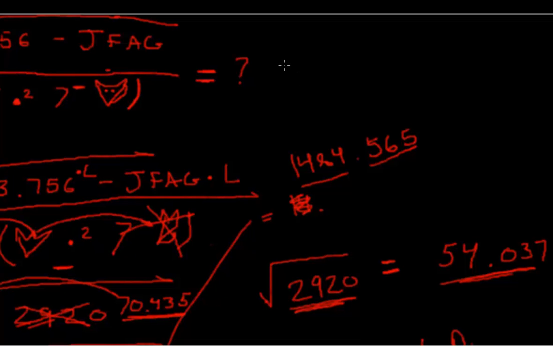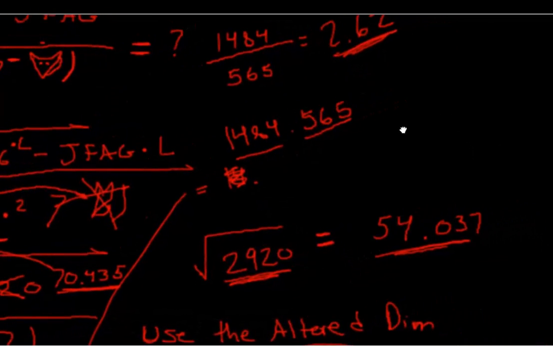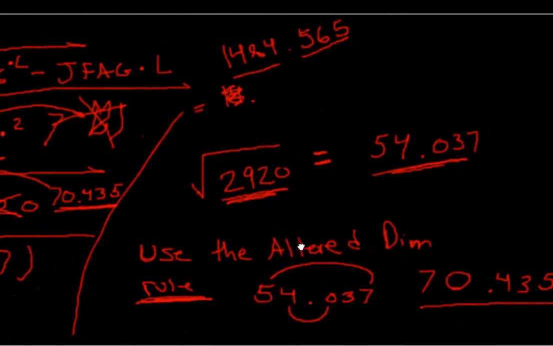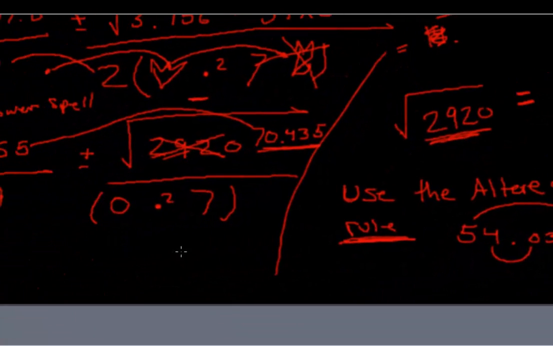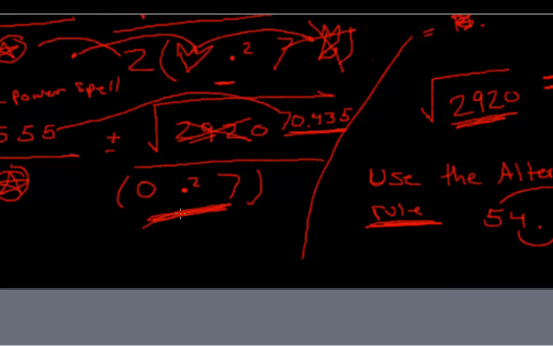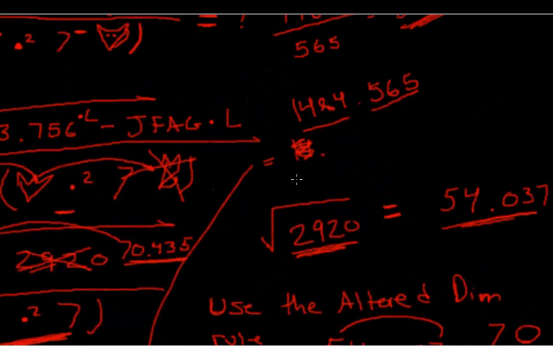Put the whole number on top and the decimal on the bottom, and you want to divide. So do the math. 2.62. Alright. So you want to put that in the placeholder that you made before when you got rid of negative Baphomet. So let's scroll down here. Alright. So you put it right into 0.